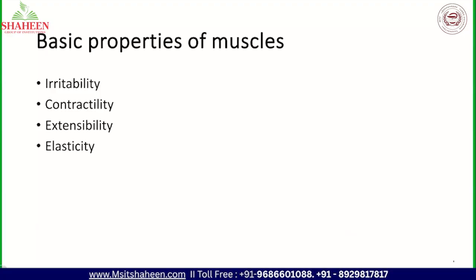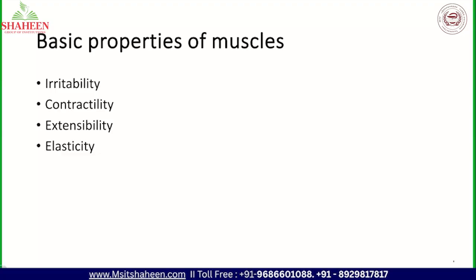What are the basic properties of muscles? They are irritability, contractility, extensibility, and elasticity. Irritability is because the muscle is very sensitive to stimuli. Once it is given any kind of stimulus, the muscle undergoes contraction, which is known as contractility.